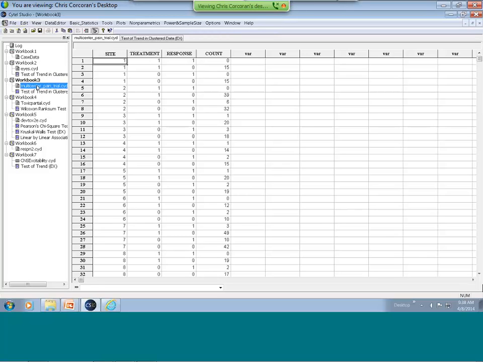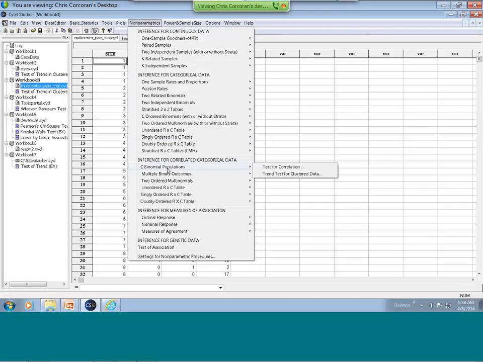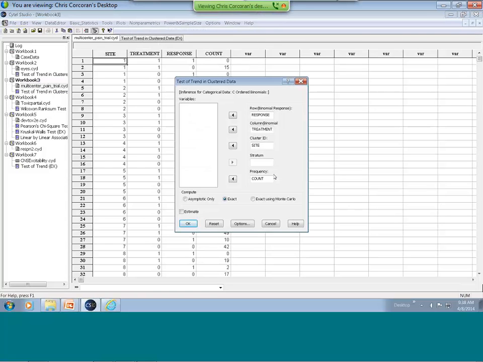And this test actually takes a little bit more time. If I were going to run it from scratch right now, I've already actually run the test and obtained the result. But if I were going to run it from here, again, I'd want to compare these two groups, treatment versus control. So treatment here is the explanatory variable, and the response is whether or not the individual experienced pain.